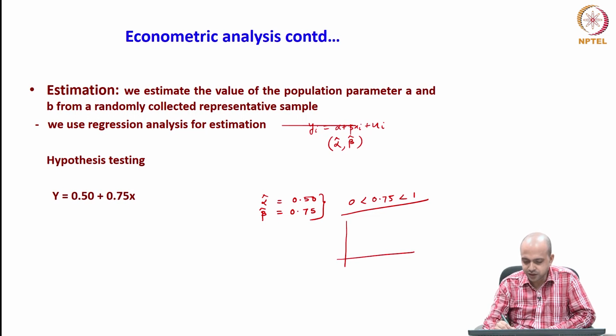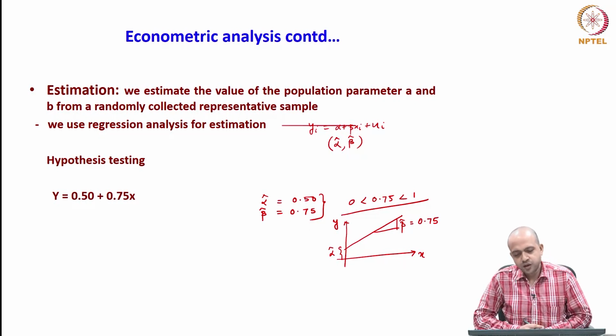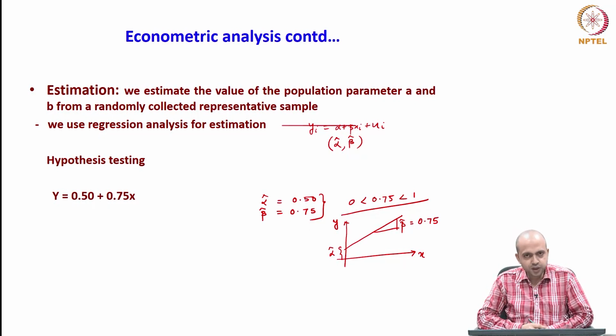This is your alpha hat, and this is your beta hat, which is equal to 0.75. Let us say this is your consumption and this is your income. So, apparently you may think immediately after estimation that yes, the properties of the Keynesian consumption function are actually satisfied.